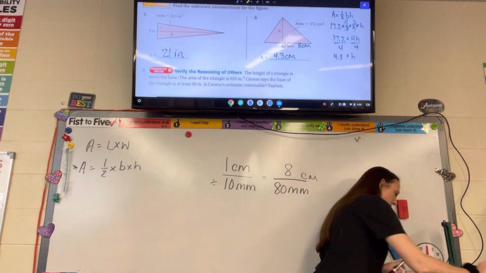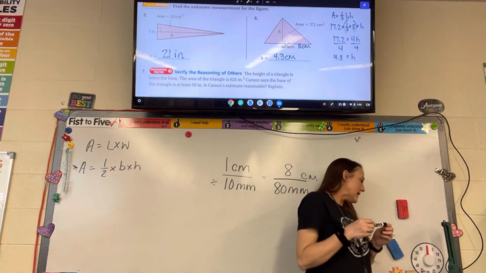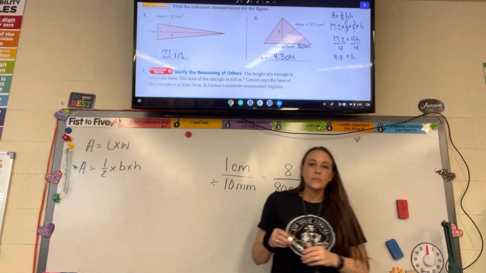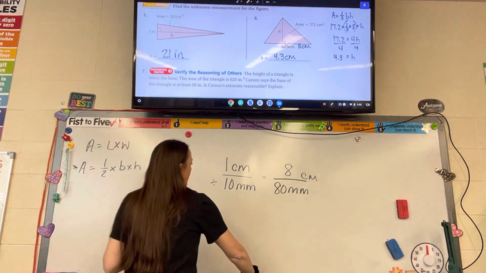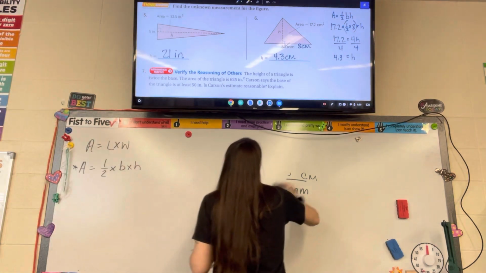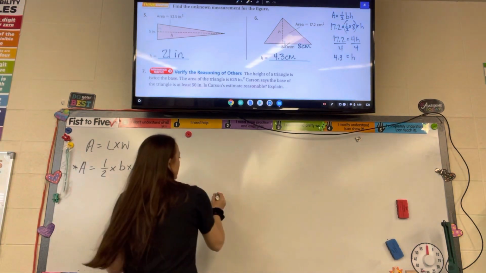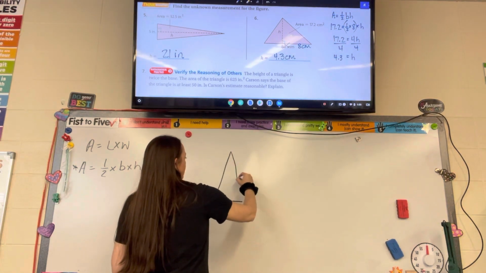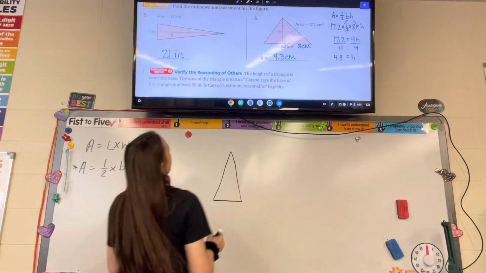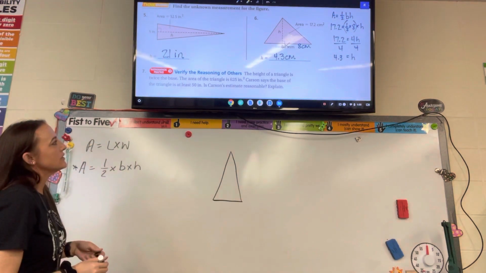The height of a triangle is twice the base. So picture that a second. The height of a triangle is twice the size of the base. So we've got a little base and the height is twice as high. Okay, I don't know if that's exact, but the area is 625.